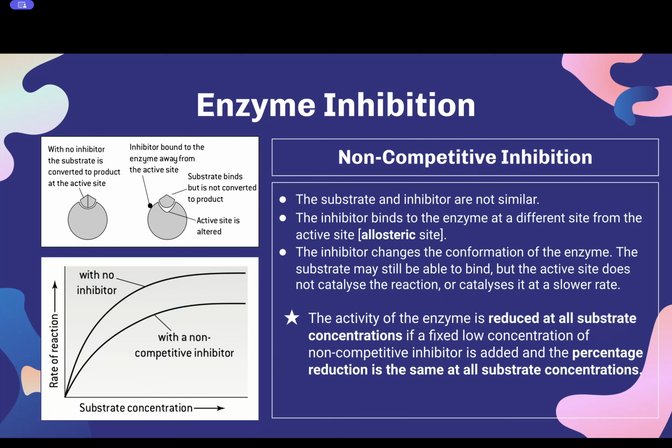However, in non-competitive inhibition, the rate of reaction between no inhibitor and with inhibitor differs by an equal percentage. That's because it will collide with and alter the same percentage of enzymes throughout the reaction at all concentrations.